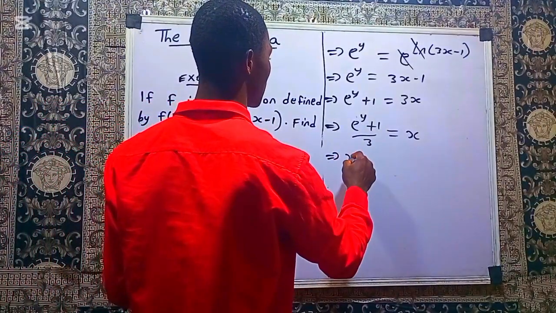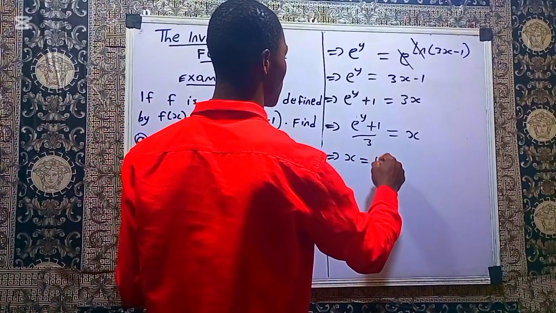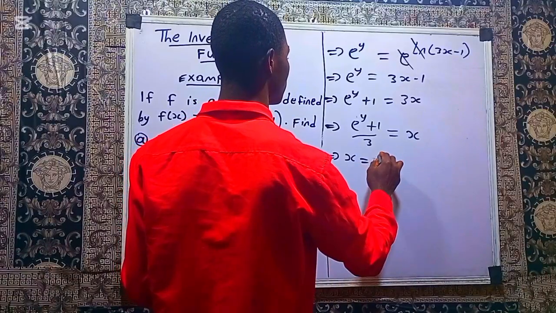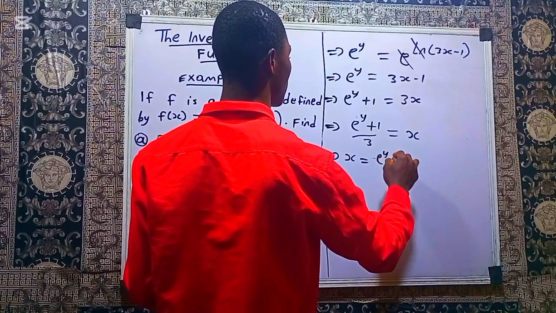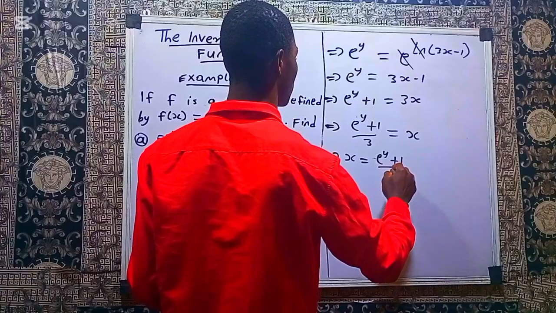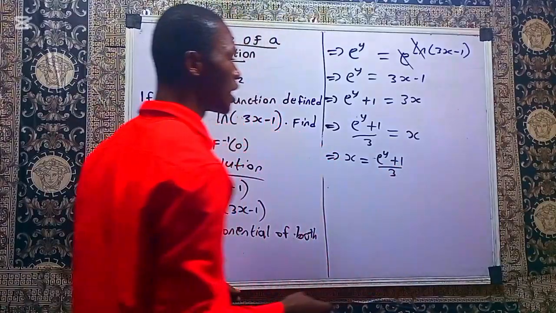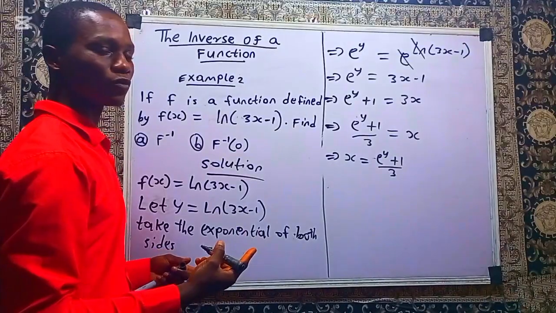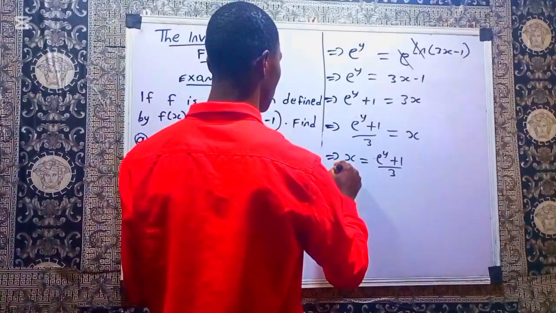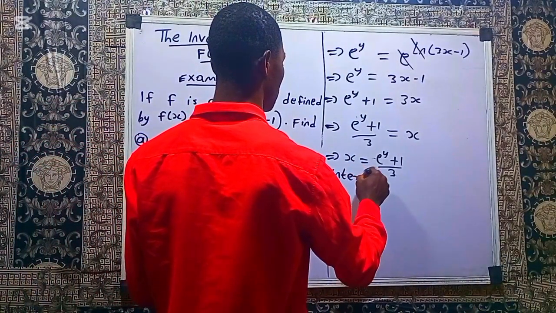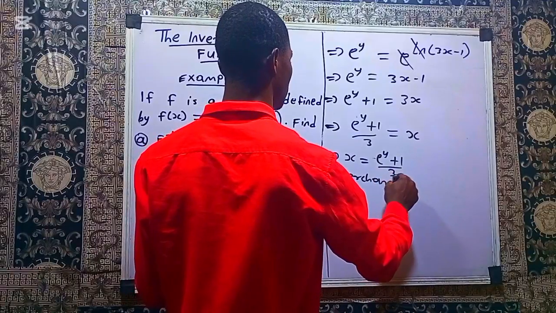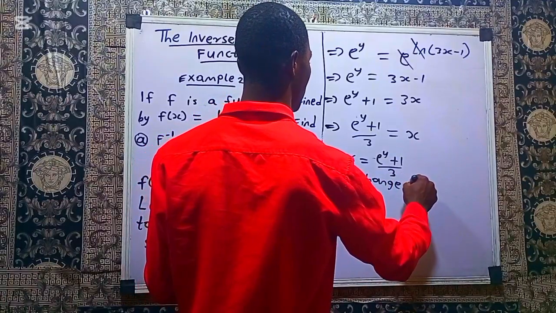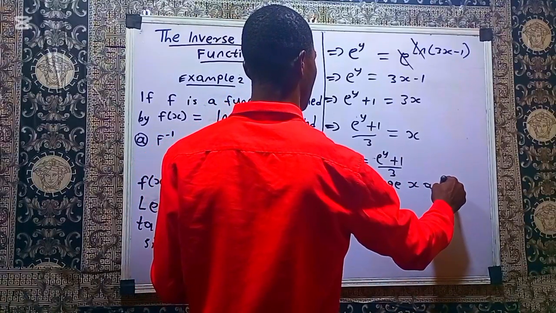So this implies that x is equal to exponential y plus 1 over 3. Now you interchange the positions of x and y.